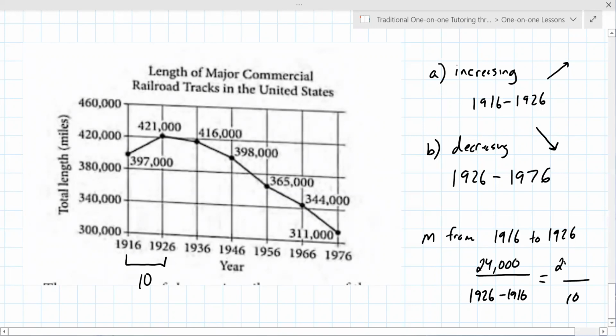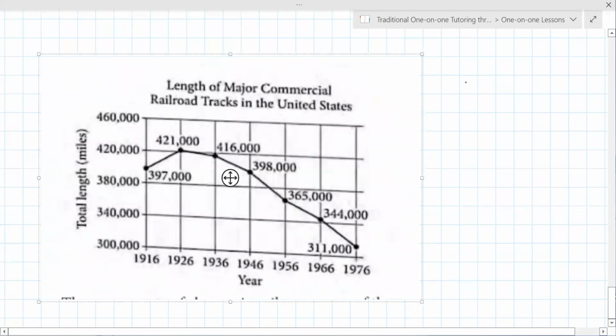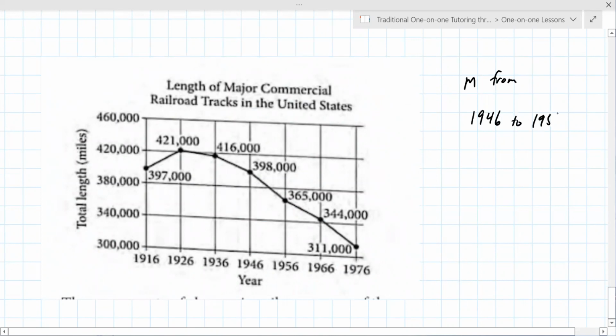And the over 10 cancels one of the zeros. Okay. All right. So now let me ask you another question with the same graph here. Let's have you find the slope from 1946 to 1956, please.